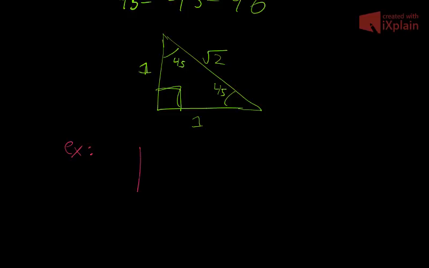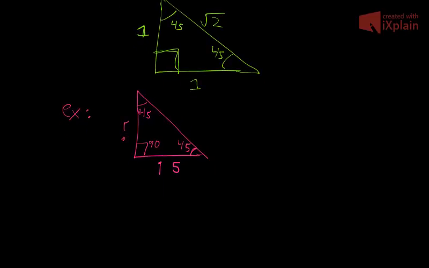So we're going to do a quick example. My example here is going to be that I have a triangle that is a 45-45-90 triangle. And I know that this bottom side here has the length of 15. So if I want to find, let me use actual variables so we can label these better, X and Y. If I want to find X, well, I know that the ratio from here to here is going to be 1 to 1.